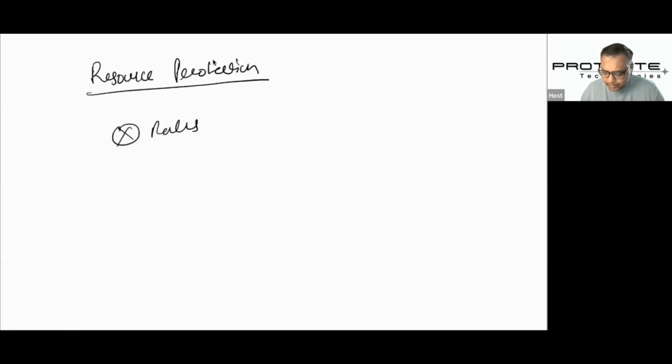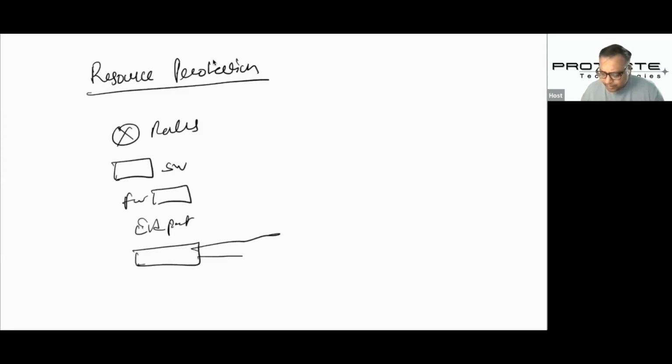Then the next topic is resource protection. You have multiple resources: routers, switches, firewalls, endpoints, and networking cables running across. You need to protect them.